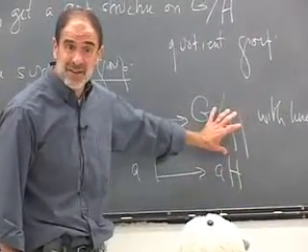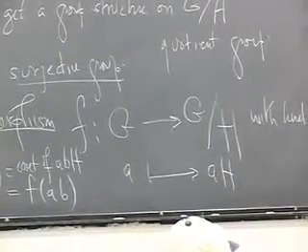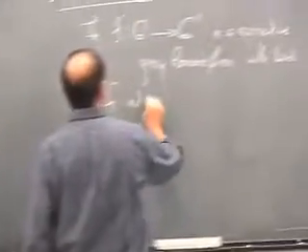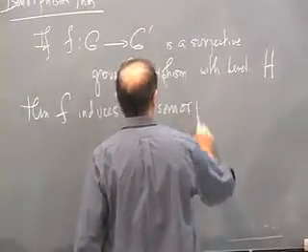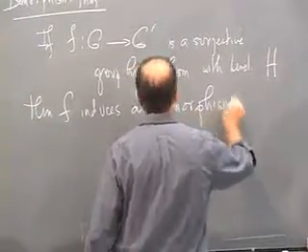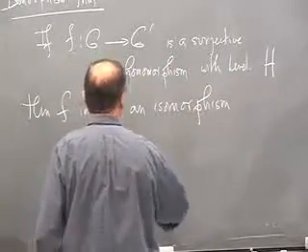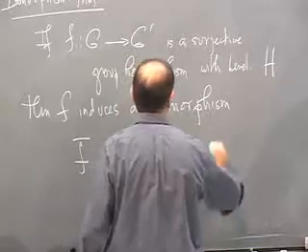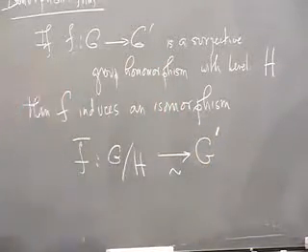Here's a surjective group homomorphism with kernel H, namely to G mod H. Then F induces an isomorphism, which I'll call F bar, from G mod H to G prime.